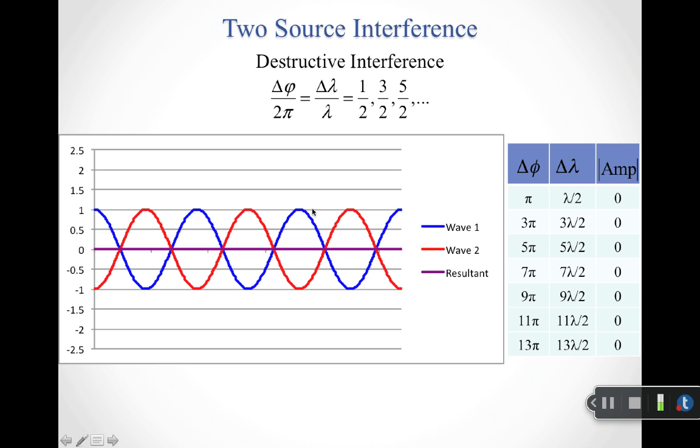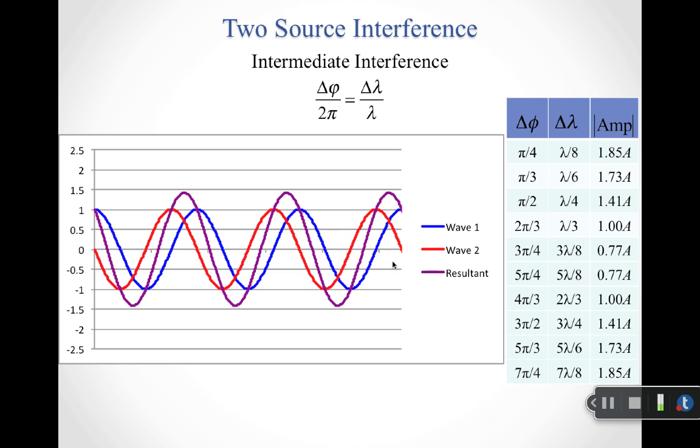Or I can travel 1 full wavelength plus an additional half wavelength, or 2 full wavelengths plus an additional half wavelength, or 3 full wavelengths plus an additional half wavelength, etc. So again, this ratio is going to end up being 1/2, 3 halves, 5 halves, right? So basically, odd numbers on top, 2 on bottom. That's what I want this ratio to be. This is always going to give me destructive interference, and so my two waves will cancel out.